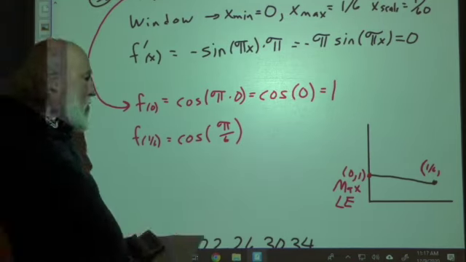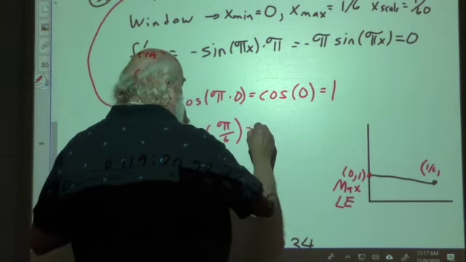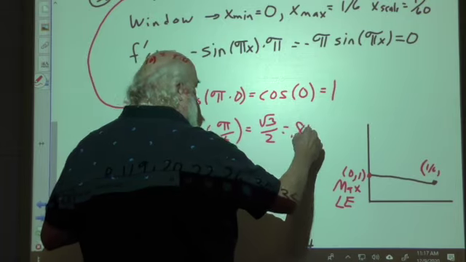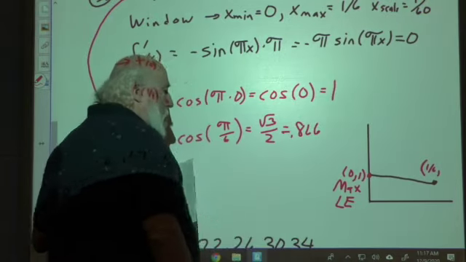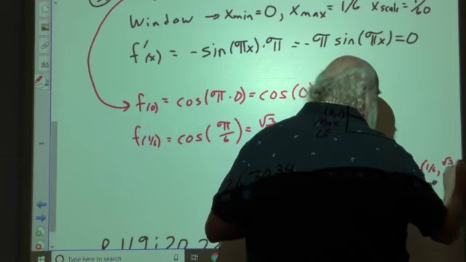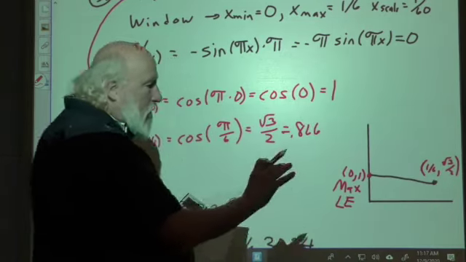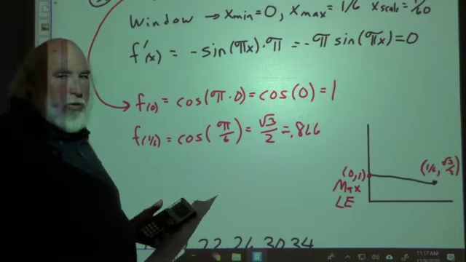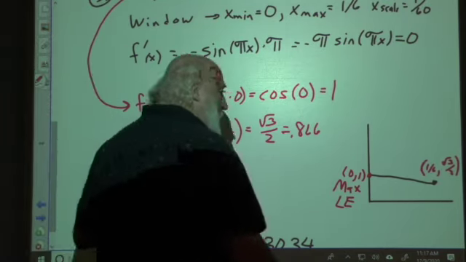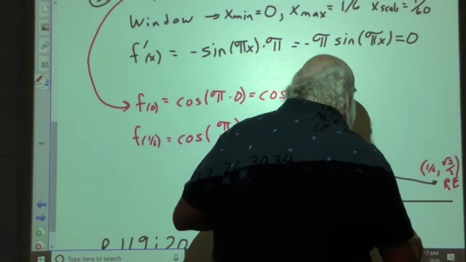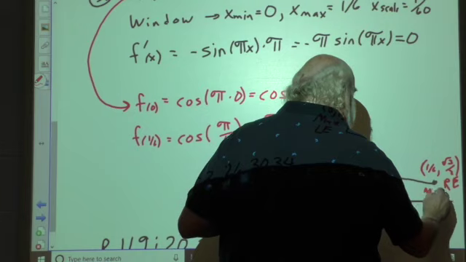Cosine of 30 degrees is square root of 3 over 2. You calculate, I believe it's like 0.866. I'll use square root of 3 over 2 here. Very subtle drop in the curve of slightly more than 0.1. This is your right end, and in this particular interval, this is your minimum.